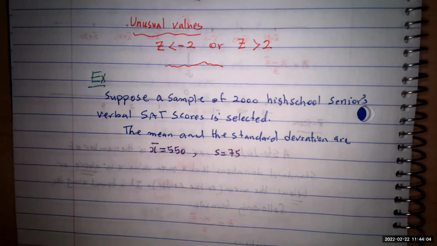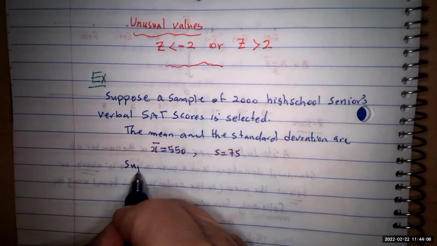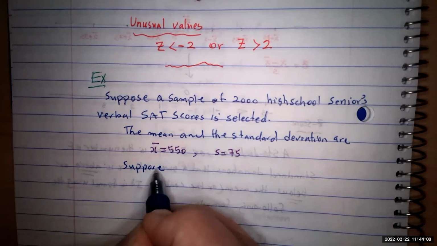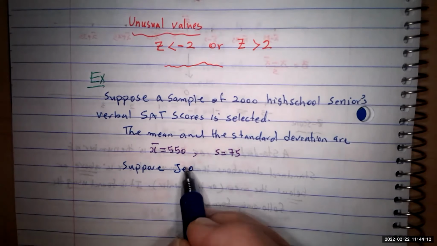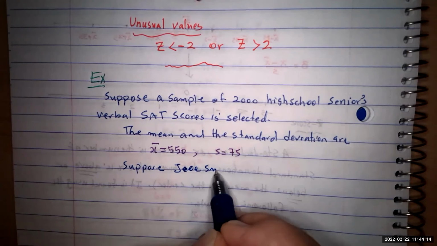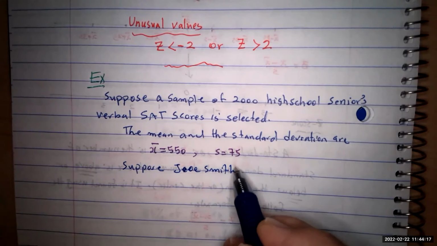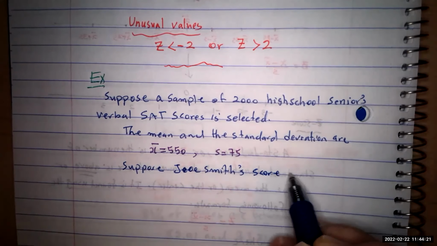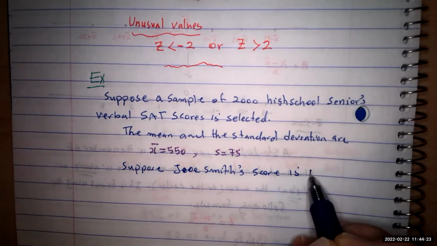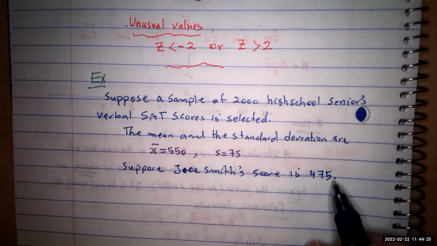Now we pick one. Suppose Joe Smith's score is 475.